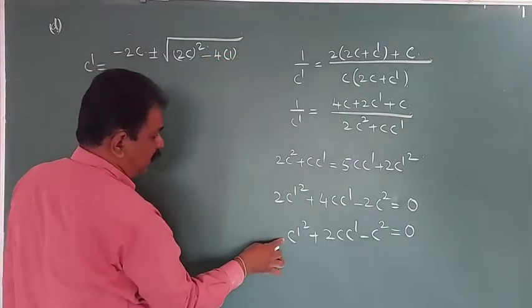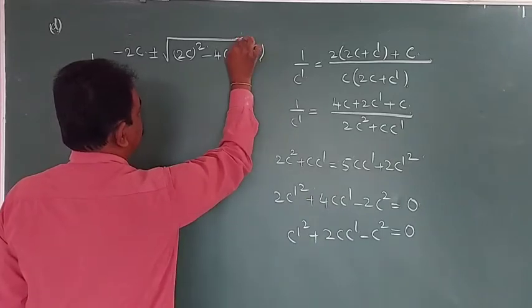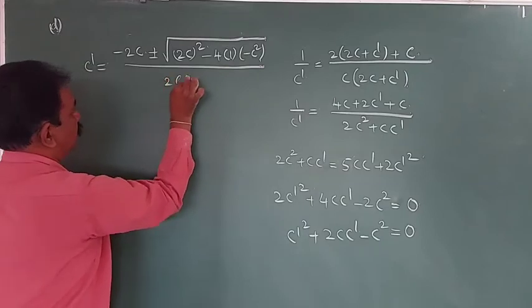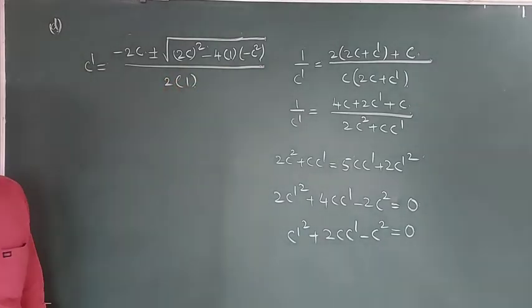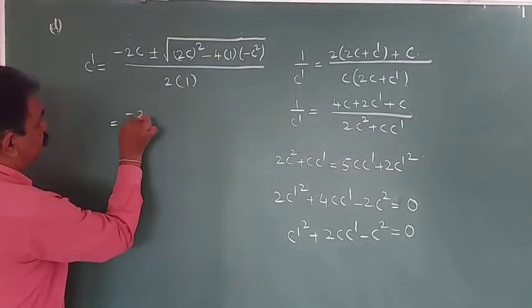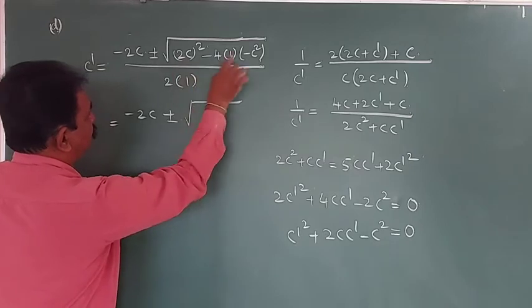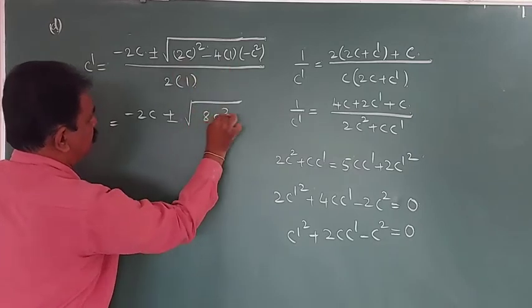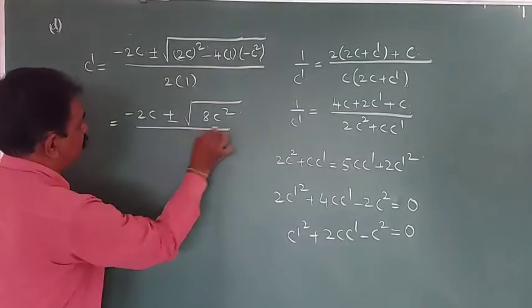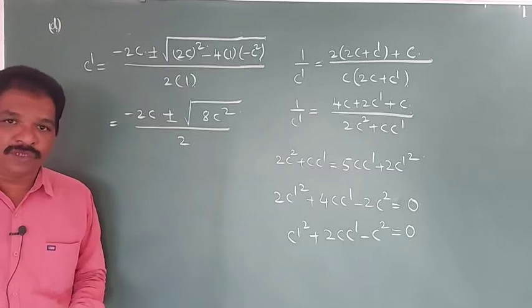A value will be 1, c value will be minus C square, by 2 into a, 2 into 1. So this value minus 2C plus or minus 4C square plus 4C square, means 8C square, by 2. 8C square we can write as 2 root 2, na?